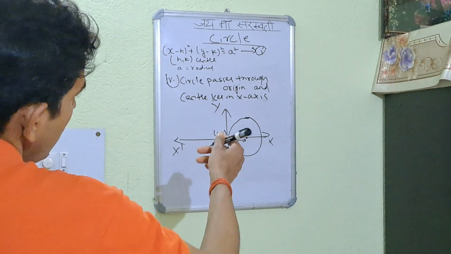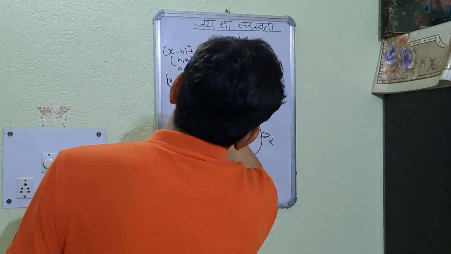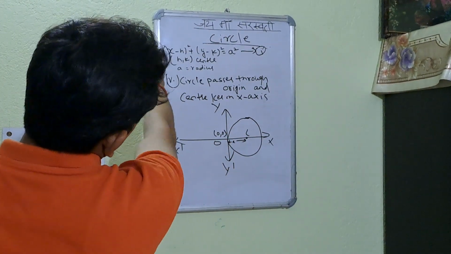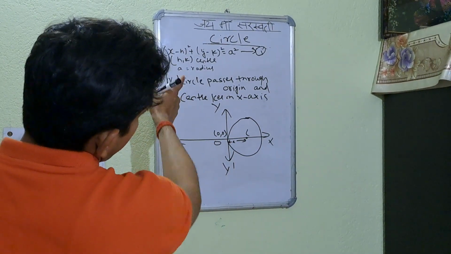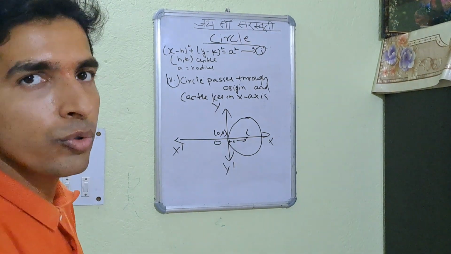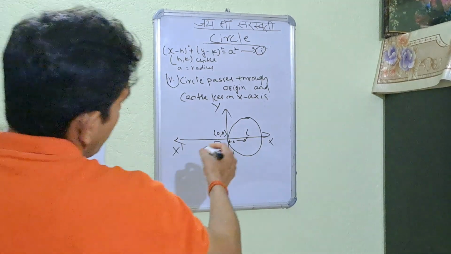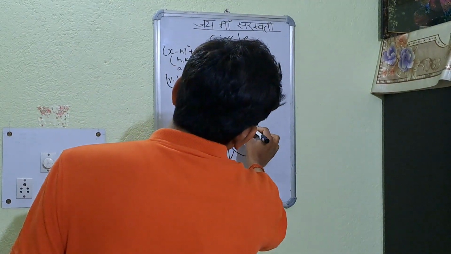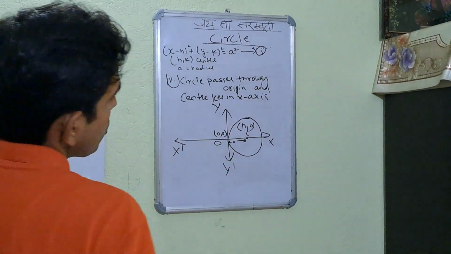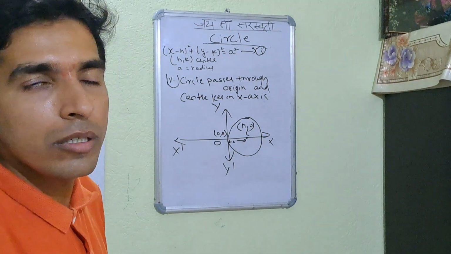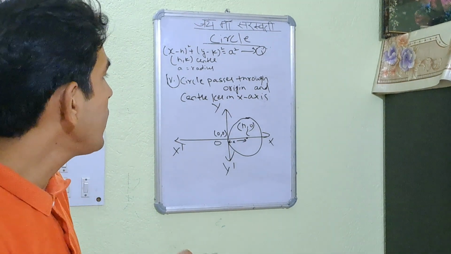So in this case, the center is lying on the x-axis. We had already told you that the center coordinates are (h, k), and the center is lying on the x-axis, so the k coordinate will be 0, only h will remain. So here it will be (h, 0). We have both the terms which will form one equation.